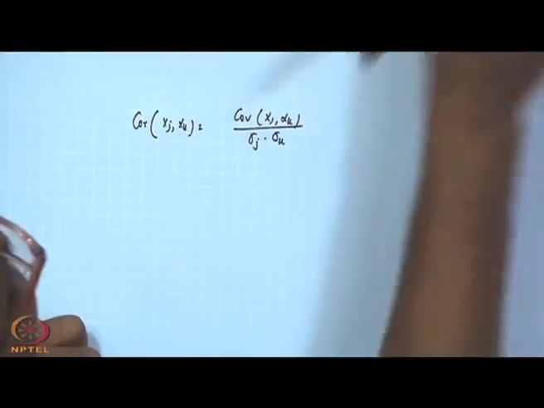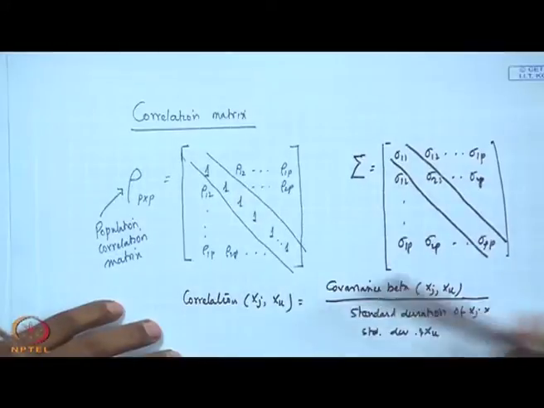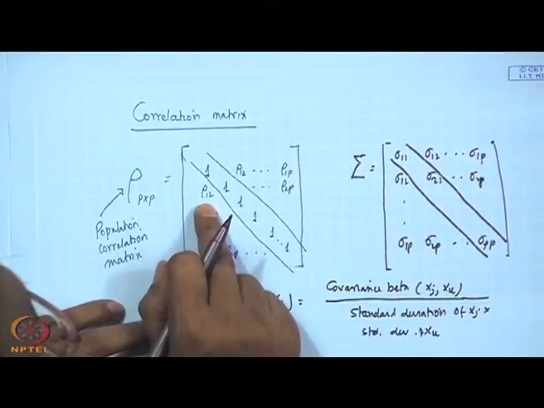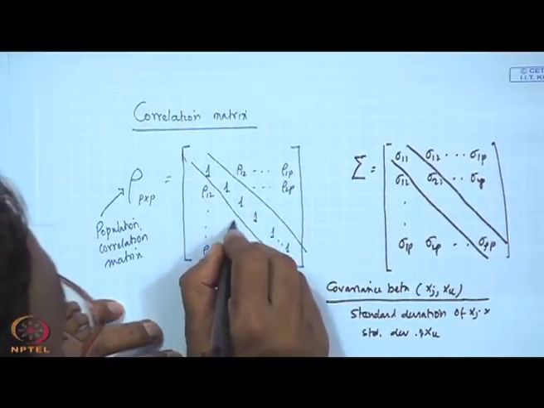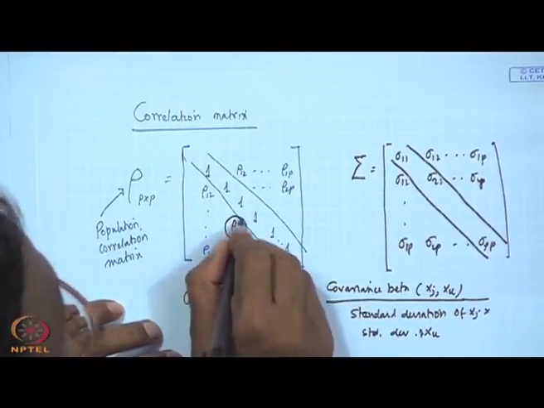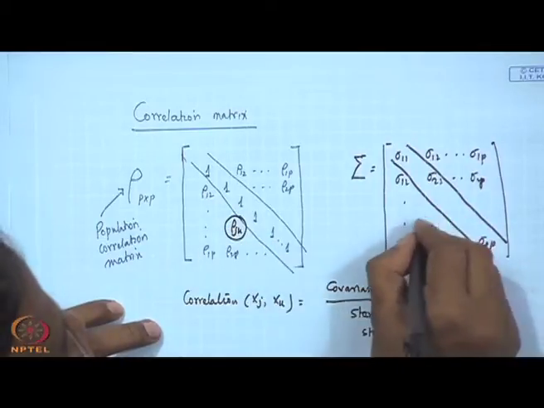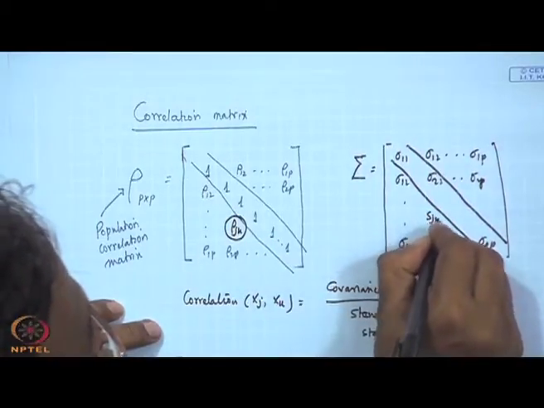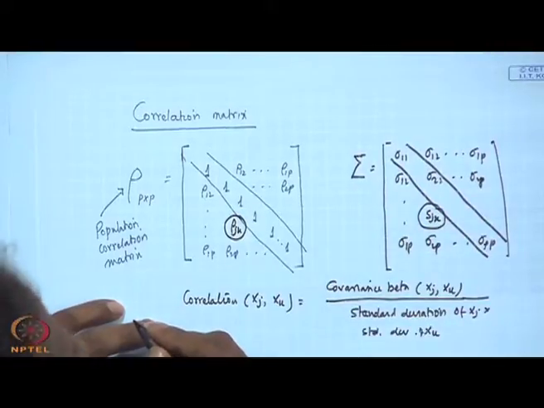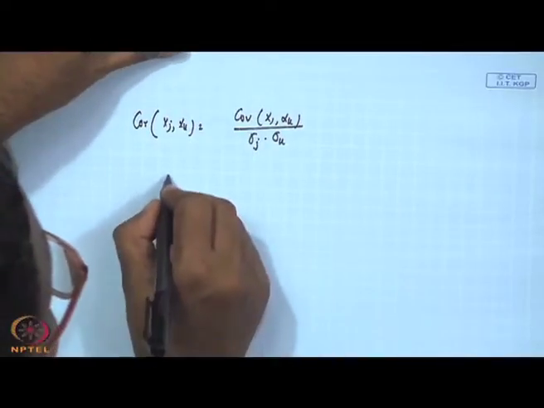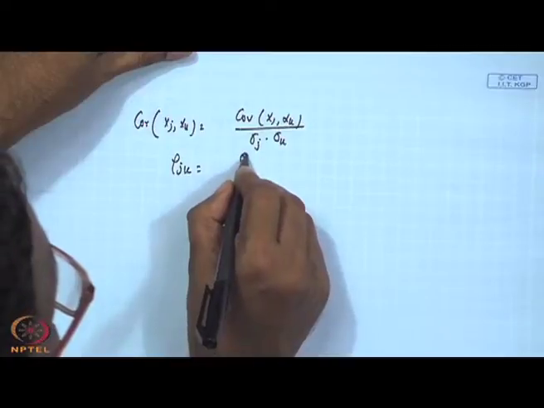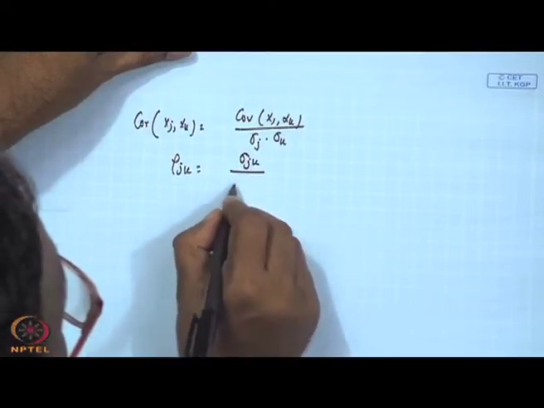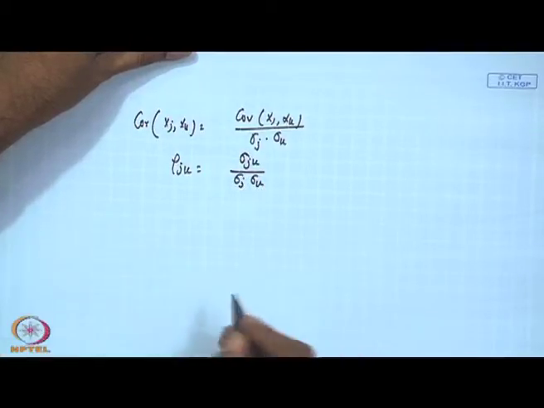Now, you have seen from this figure that the correlation between j and k is rho_jk. Here also we are talking about the covariance. So, if I use the same notation, I can write rho_jk equal to sigma_jk divided by sigma_j sigma_k.